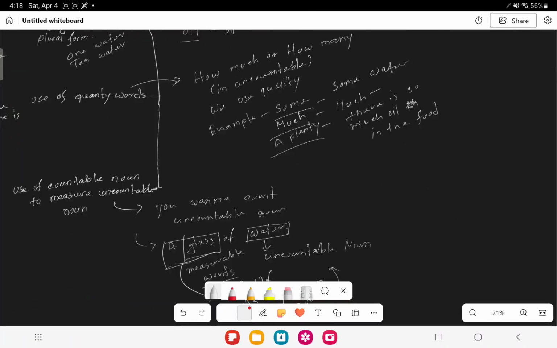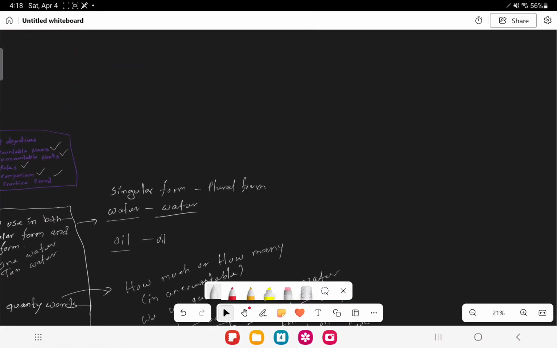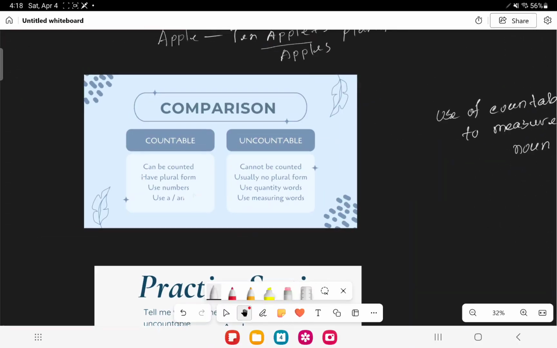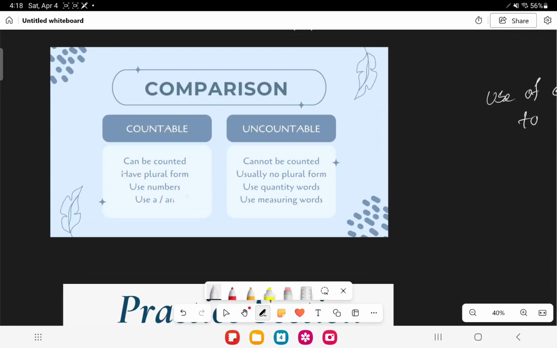Okay, good. This is all about countable and uncountable nouns. Now let's have a recap and do a comparison between them. Countable nouns can be counted.